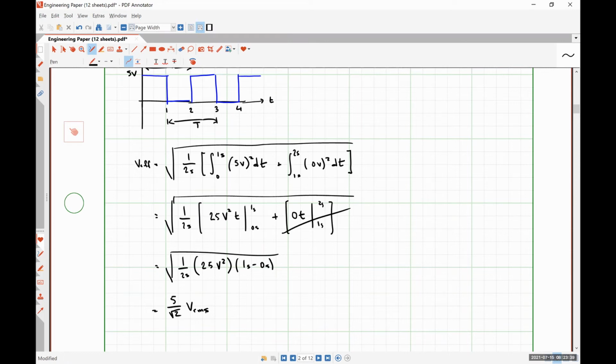This is only true when we have what's called the 50% duty cycle, meaning that the signal is on 50% of the time, or it has its high value and then it's 0 for the other 50% of the time. If we made our series of rectangular pulses to where it was on 75% of the time and off 25% of the time, we wouldn't have that nice over square root of 2 representation there. So you can't say that as a blanket statement for all rectangular pulses.